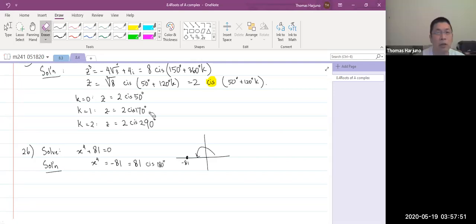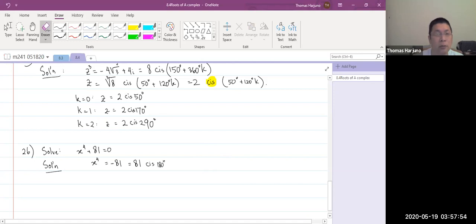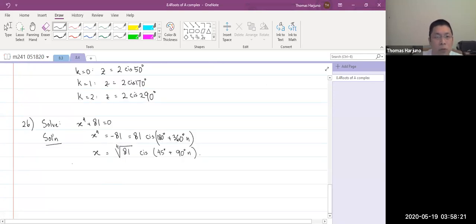Let me erase that a little bit so that I have space for my coterminal angles. Then x will be the fourth root of 81, with the angle 180 degrees plus 360 degrees k, divided by 4. When k equals 0, what is the fourth root of 81?